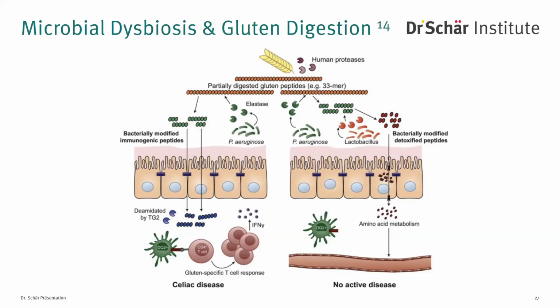One study showed that the immunogenic peptides produced by P. aeruginosa proteases are further broken down and said to be less immunogenic in the presence of lactobacillus. This mechanism may partially explain the relationship between microbial dysbiosis and susceptibility to celiac disease in a genetically predisposed host. I'm just reminding you this is just a proposed mechanism, so definitely more research needs to be done here, but interesting food for thought.